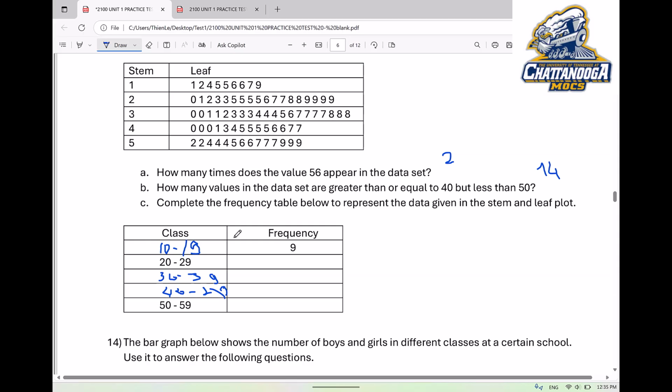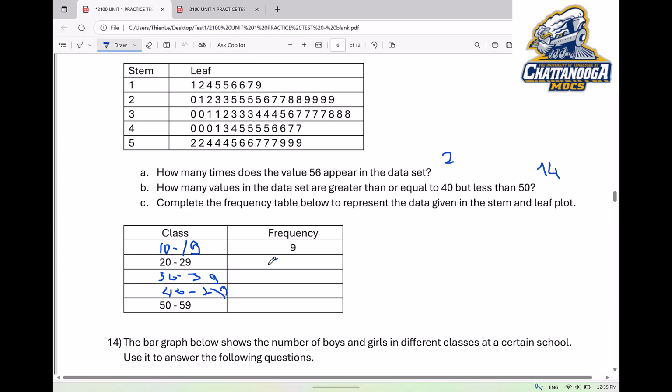So let's see how many from 20 to 29. You just count, right? How many leaves here? 1, 2, 3, 4, 5. So you just count by 3. 3, 6, 9, 12, 15, 18, right?